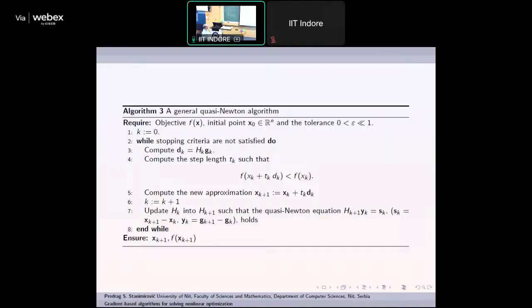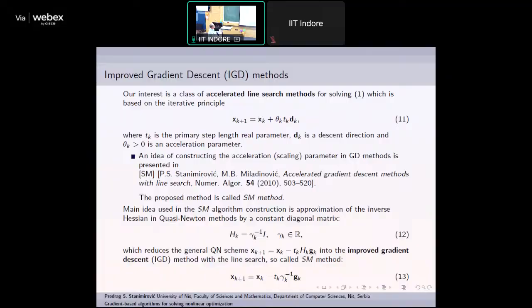Compute the new approximation, update the iterative steps counter, and find the new approximation of the inverse of the Hessian. When we finish this cycle, we return the output. It was the minimum about gradient descent methods, about the Newton method with line search, about quasi-Newton methods.